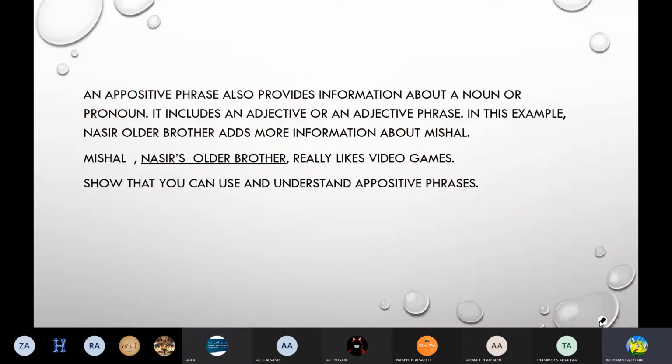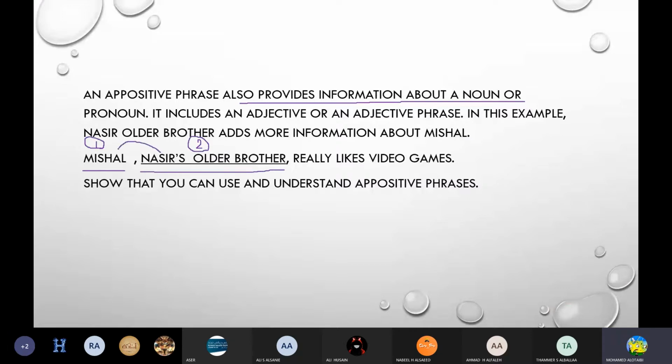An appositive phrase also provides information about a noun or a pronoun. It includes an adjective or an adjective phrase. In the example, Nasser's older brother adds more information about Mish'al. Mish'al, Nasser's older brother, really likes video games. This shows that you can use and understand appositive phrases like that.